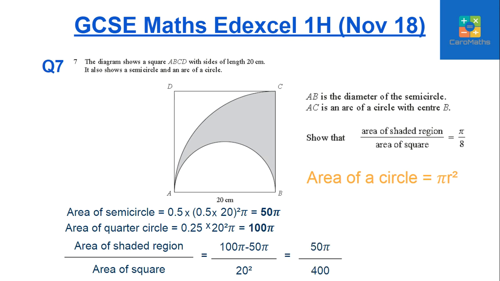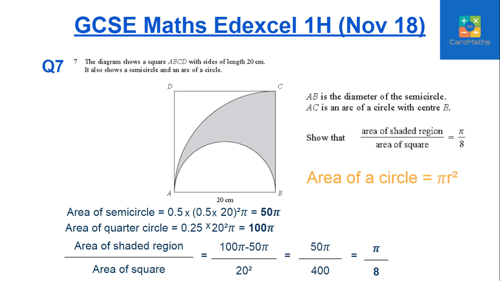And that gives us 50 pi over 400, which simplifies to pi over 8. And we can see that we've done it correctly. And that's why I really like the show that questions, because you know when you've done it right and you can be confident and you can just move on to the next question.